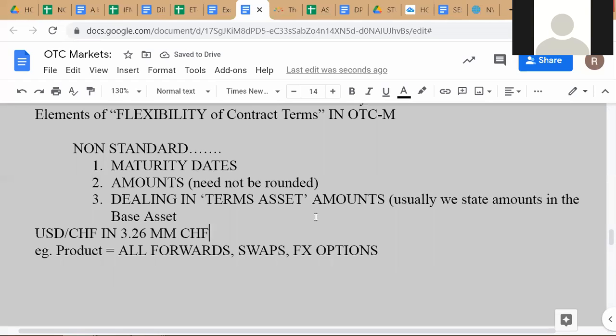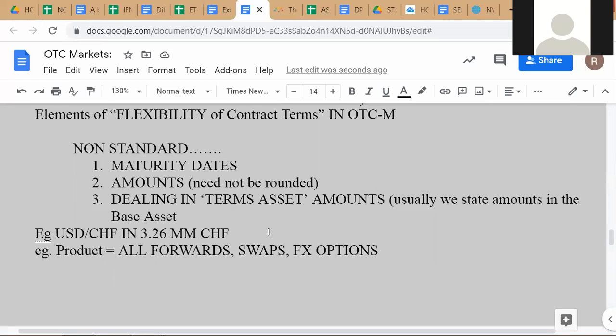Now this tells you that you're asking for a price in this amount. This is the code for a million. And when you write it like this, that means this amount is not in the base currency, it's in the terms currency, it's in Swiss franc. Okay, this is how you write it.